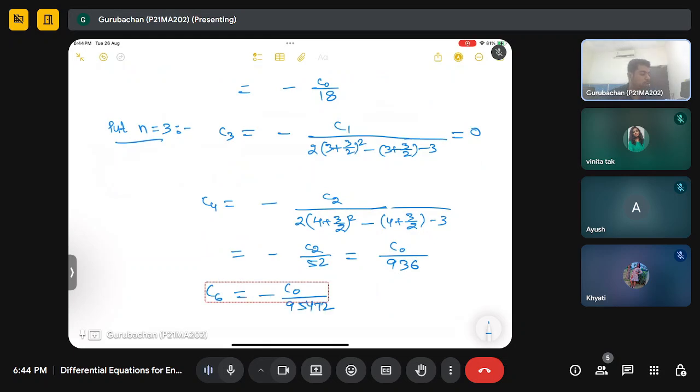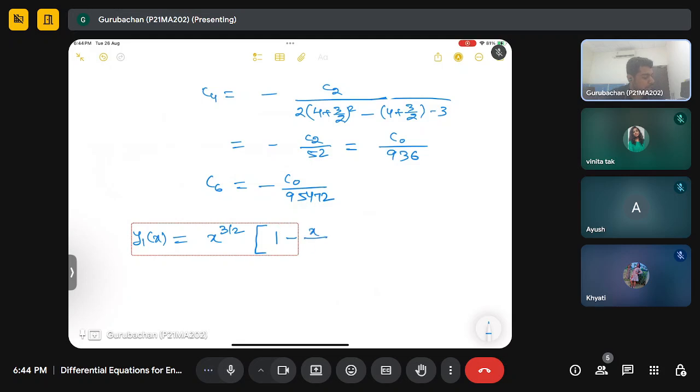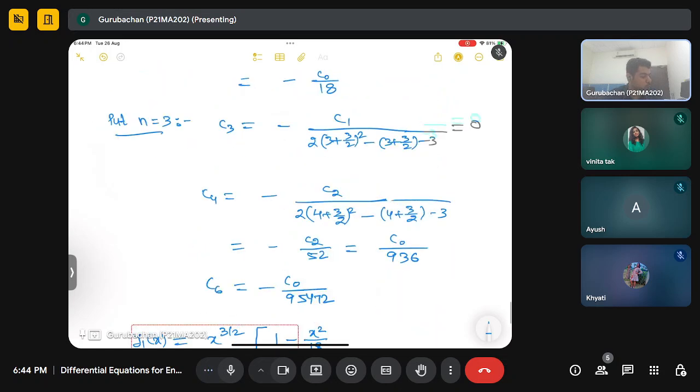In the similar fashion, if you calculate C6, you will get minus C naught divided by 95472. Now you get your y1x, that is with respect to r1 equal to 3 by 2. So x to the power 3 by 2. I am taking C naught to be 1. So first will be 1, plus c1x, and c1 is 0, and c2x is C naught by 18, that is x square by 18, since it's the value of c2.